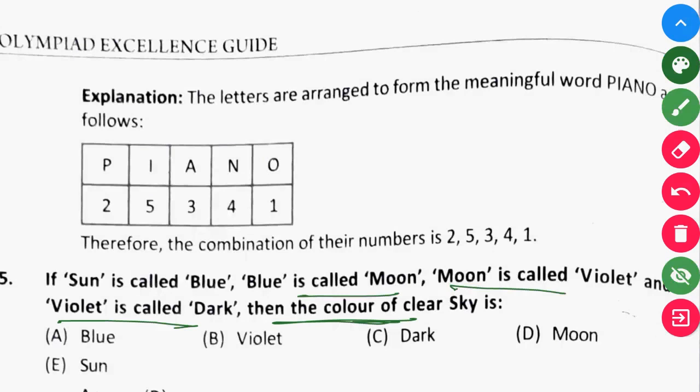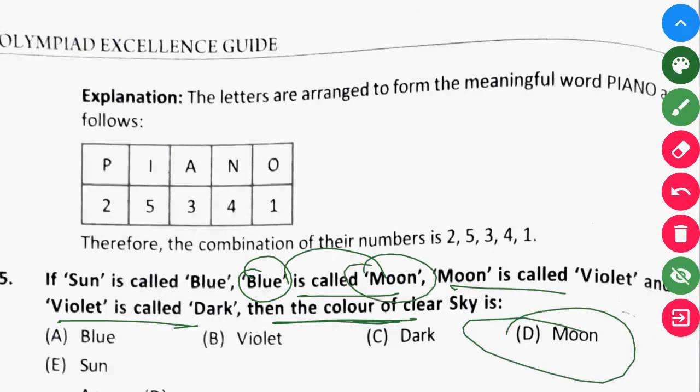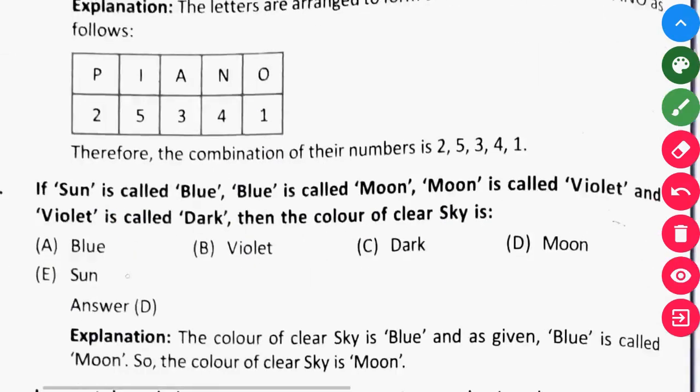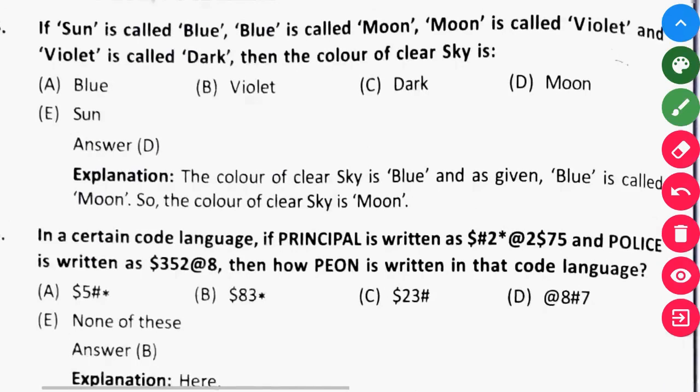Now sky is of blue color, we all know, and blue is moon. So our answer is moon, D. Okay, sun is called blue, so sun is not our answer. What is blue called? It is called moon. So moon is our answer. Okay. So D is our answer.